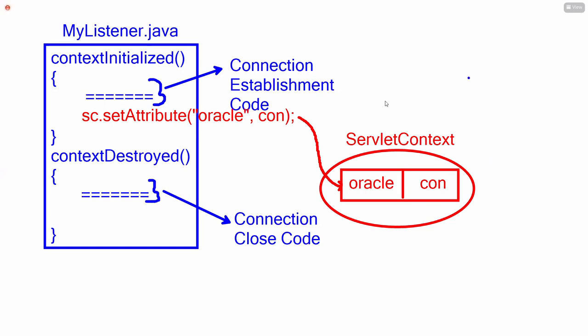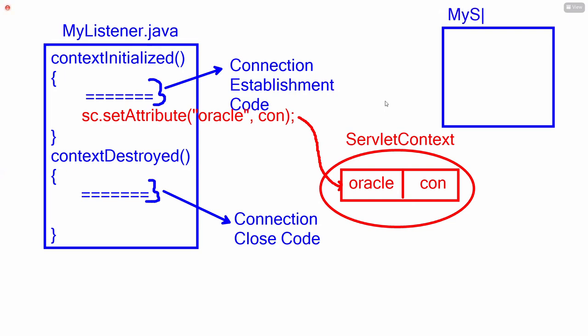So what I'll do here, another servlet I'll write. One servlet I'll write here, my servlet. This I'll retrieve. Here I'll call get attribute: servletContext.getAttribute.